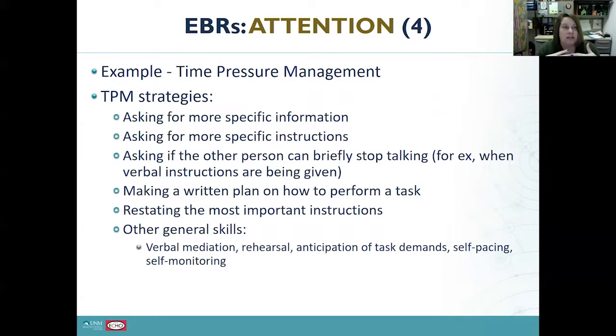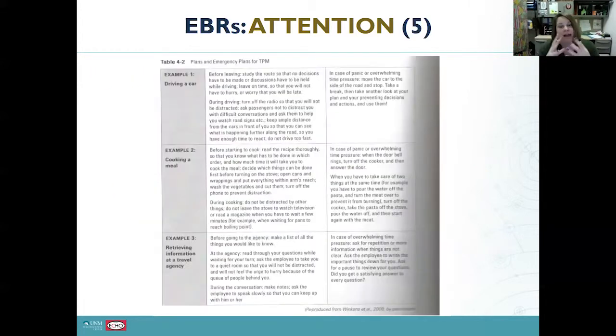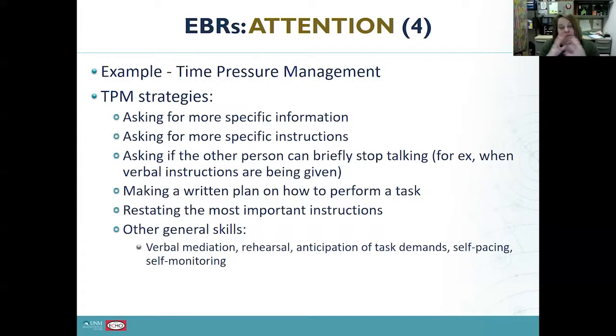And along with these skills that we teach in time pressure management is verbal mediation, positive self-talk, inner or outer rehearsal, and a lot of self-pacing and self-monitoring. So this is a really nice way to show the convergence of cognitive communication and attention issues.